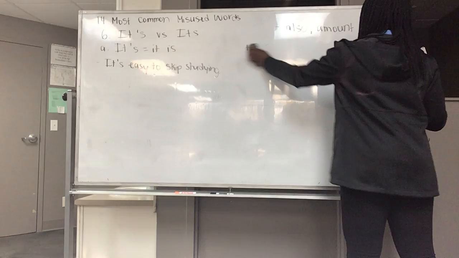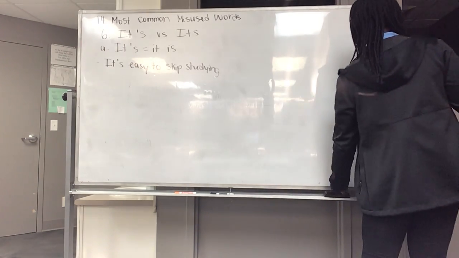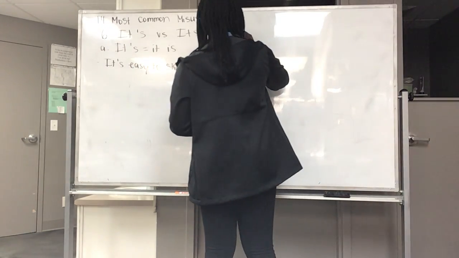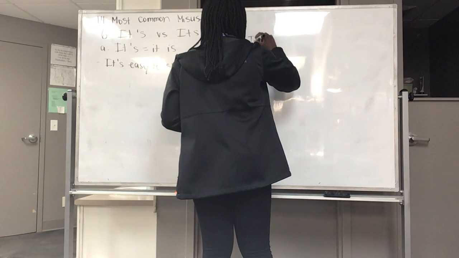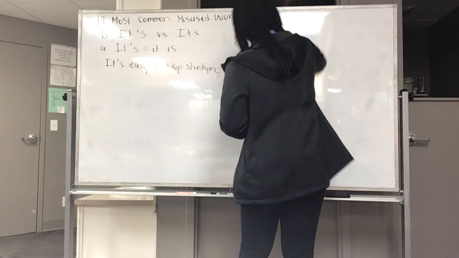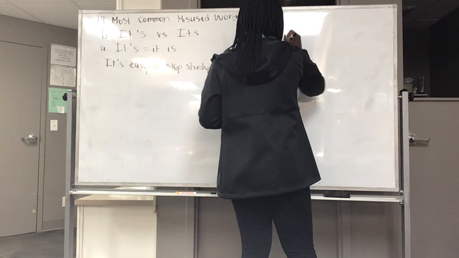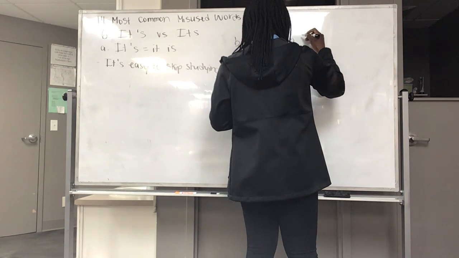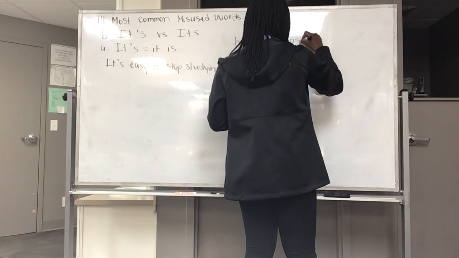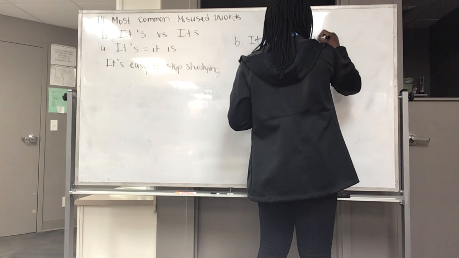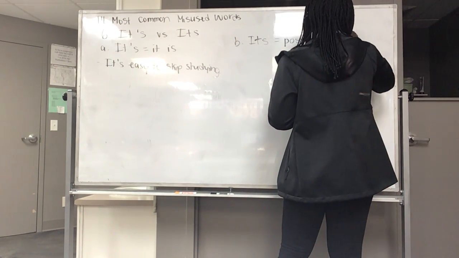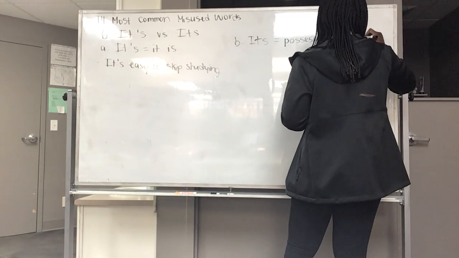And then my second type, without the apostrophe, indicates possession. It's showing ownership.